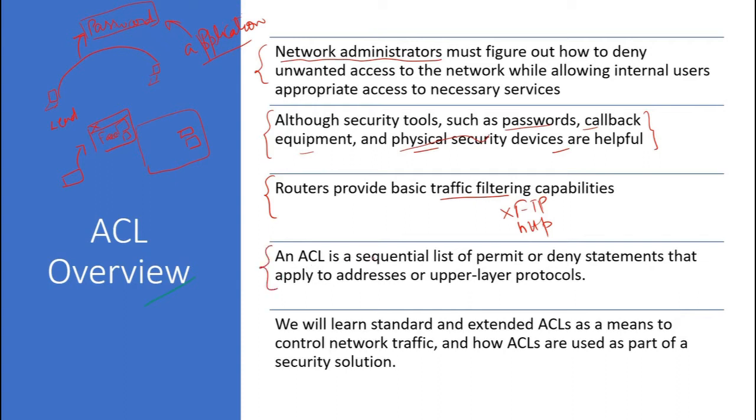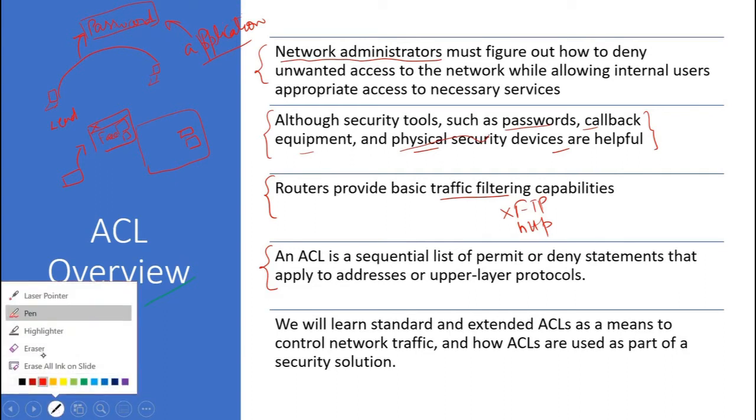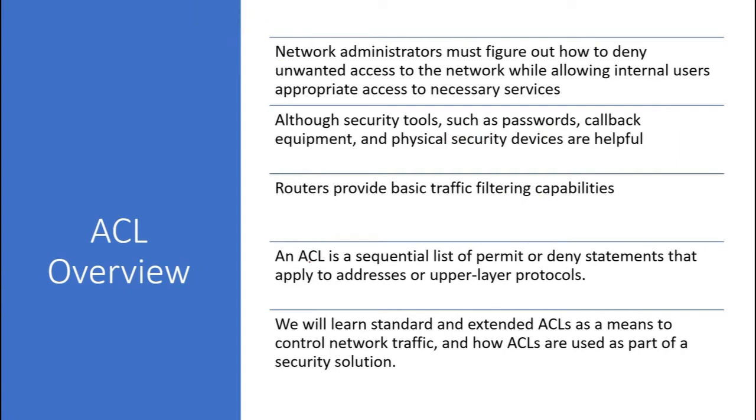Another one is that an ACL is a sequential list of permit or deny statements that applies to addresses or upper layer protocols. This is really important to understand, because this is the base of our access control list. If you do not understand this, it is really difficult.